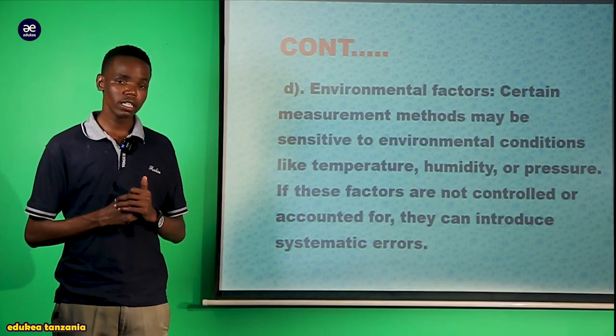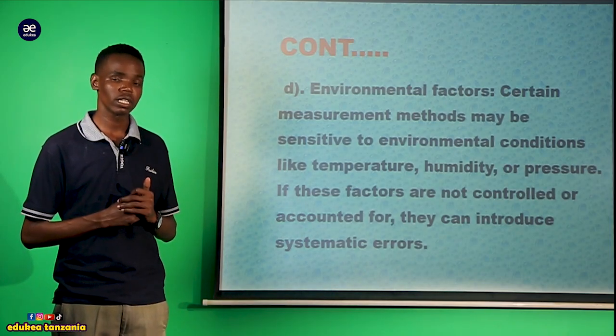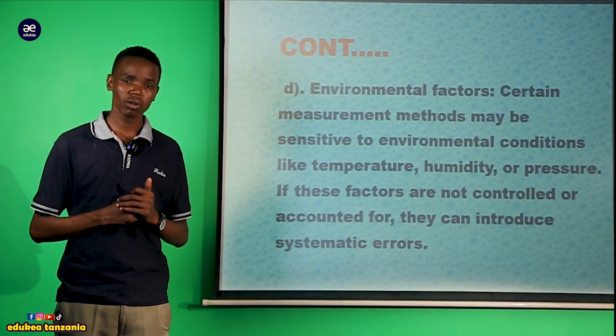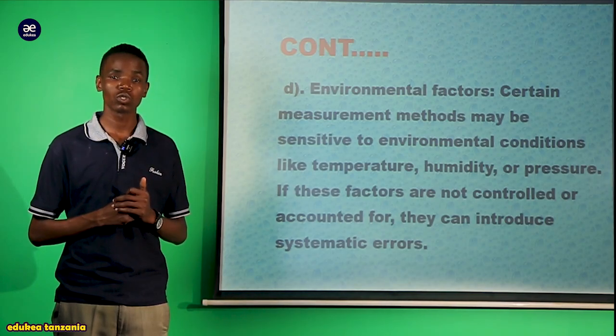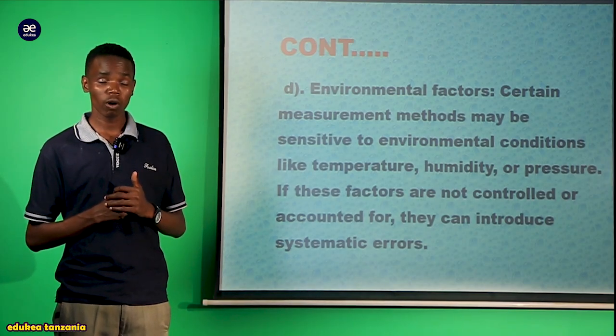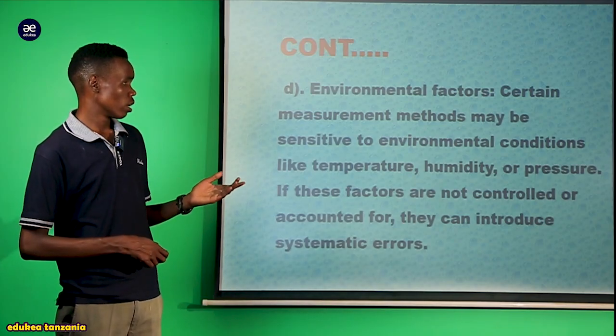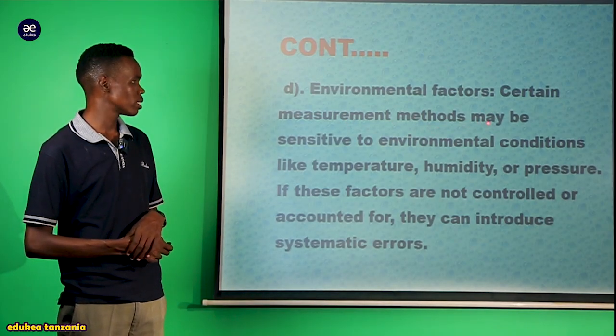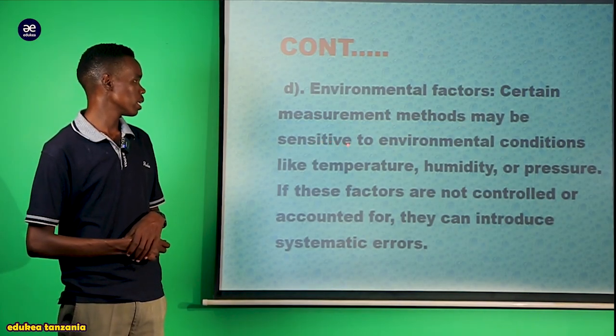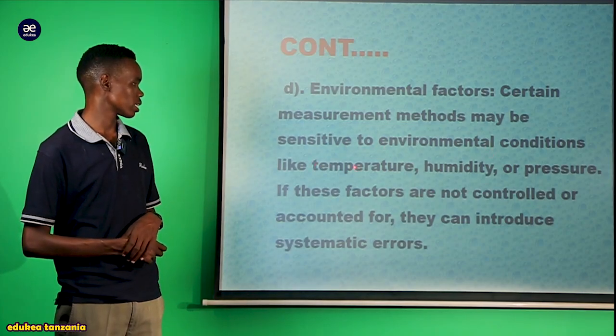Because the environment, my dear student, can cause the instrument to introduce the wrong or incorrect value. You can read here that certain measurement methods may be sensitive to the environment like temperature, humidity, or pressure.